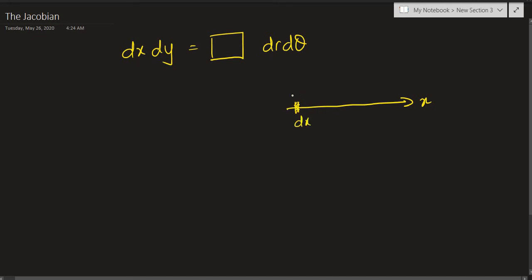Now when we are using polar coordinates, that may not exactly equal your infinitesimal part dr, right? So dx and dr are not necessarily the same.